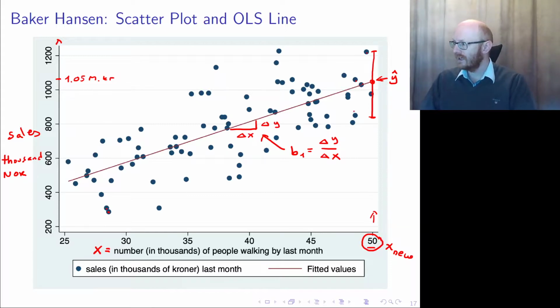We looked at this graph, and if you go from x new up to the graph, and then from the graph until the sales axis, then you see that our calculations seem to be correct, because here is 1.05 million kroners.